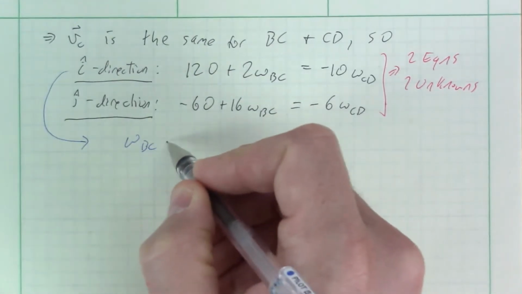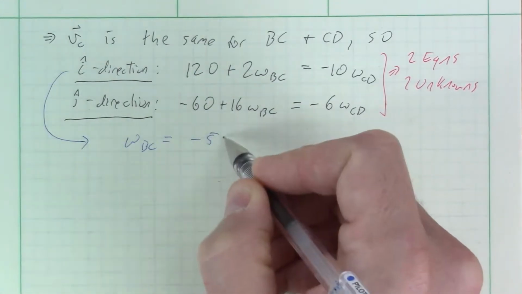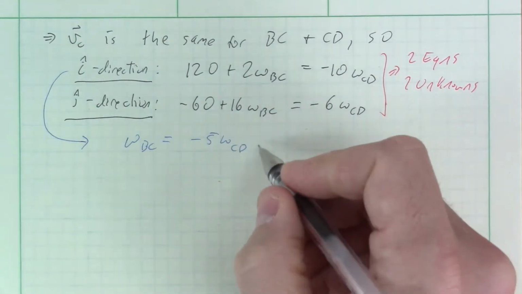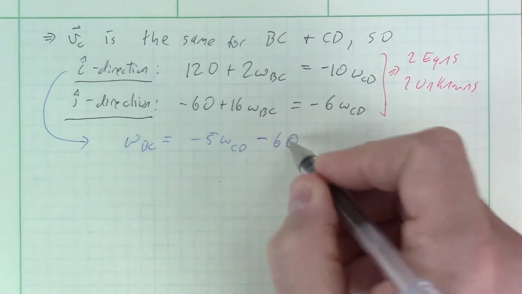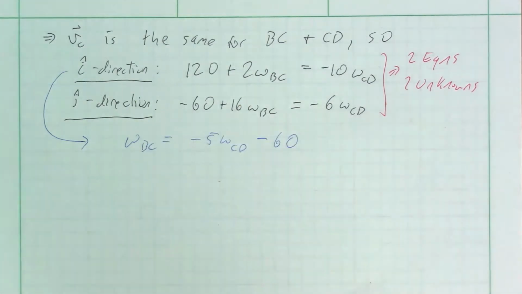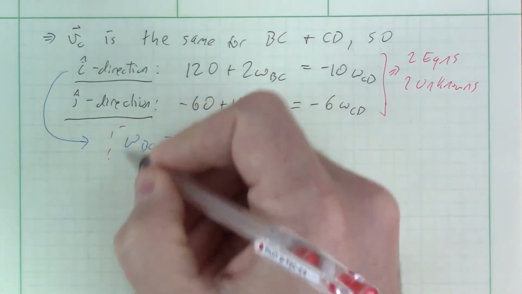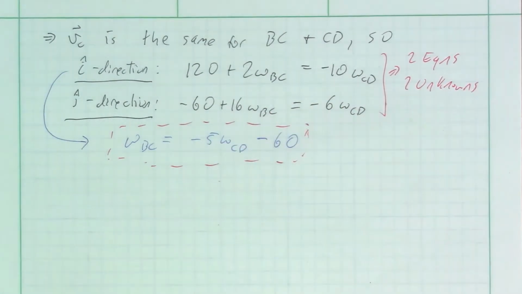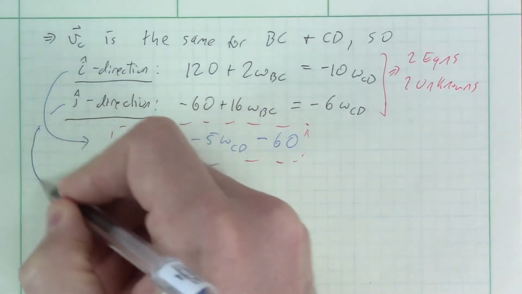So from that we can say omega BC is minus 5 omega CD minus 60, when we pull the negative 120 to the other side and divide by 2. So that's a nice linear, neat relationship. It's easy to plug into the other one.